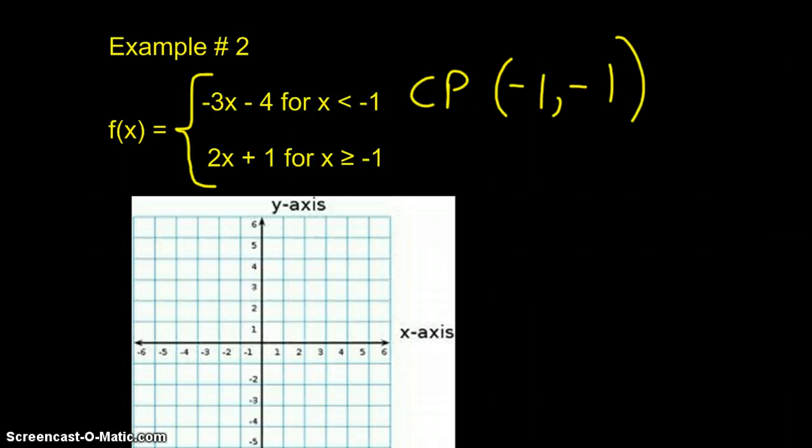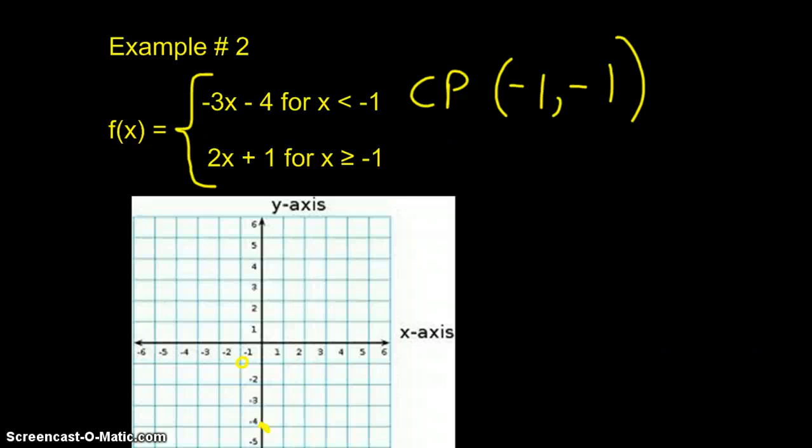So I go to negative 1, and I put an open circle on my graph. And now, when I go to graph that one, my slope is negative 3. So normally I would go down 3 over 1 and put my dot. And you can see the dot there on the graph. However, this graph doesn't go to the right, because this graph only is graphed when x is less than negative 1. So I have to go to the left.